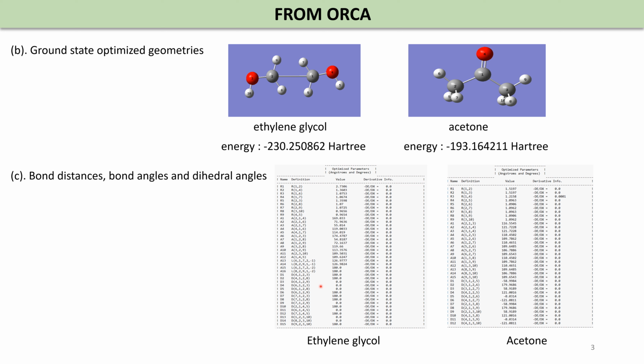And similarly, D4123 here means the dihedral angle formed by atoms 4, 1, 2 and 3. And similarly, this figure represents the bond lengths, bond angles and dihedral angles present in acetone respectively. Atoms are labeled in both ethylene glycol and acetone.